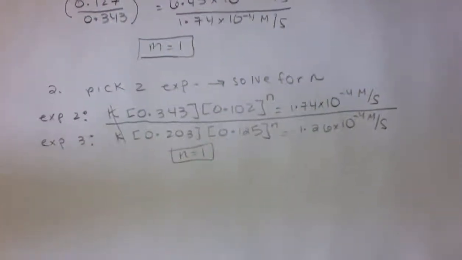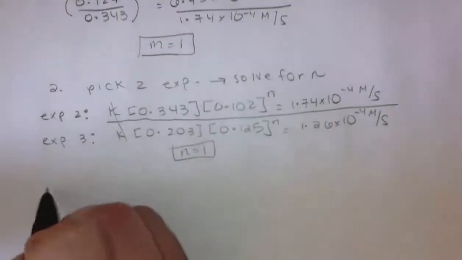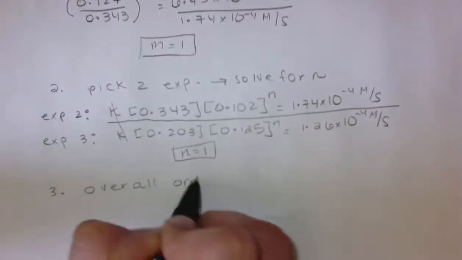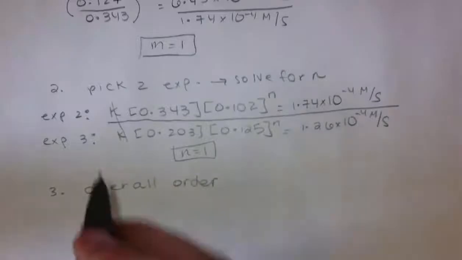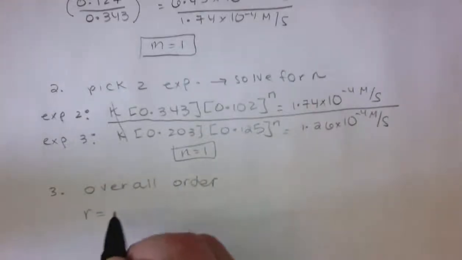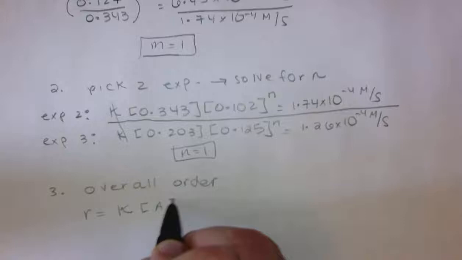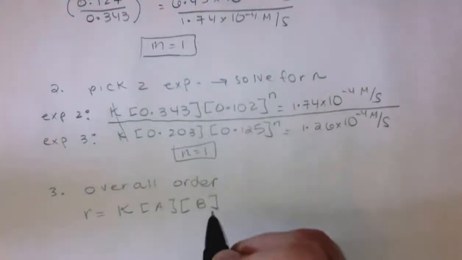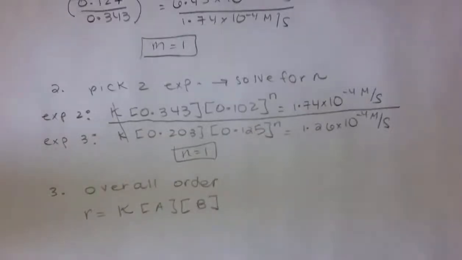And so now that we have both n and m, we can figure out the overall order. So I will write out our rate expression. We have r equals k times our concentration of A raised to 1 times our concentration of B raised to 1. So this equation is telling us that with respect to A, the reaction is first order, and with respect to B, the reaction is first order.